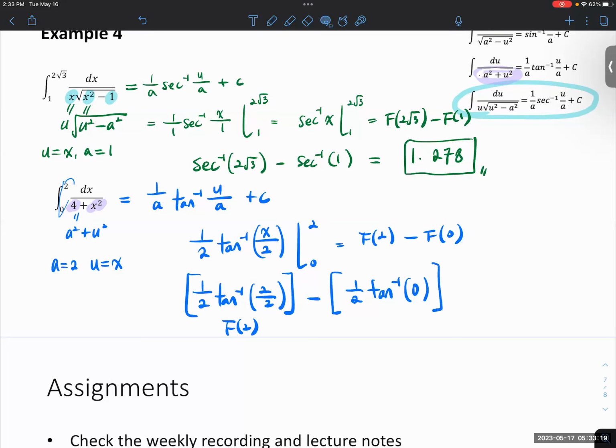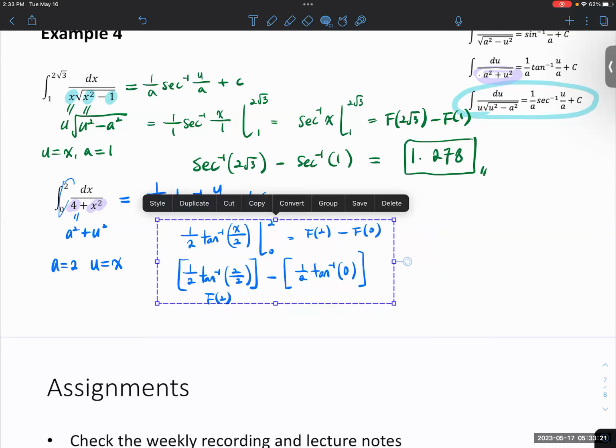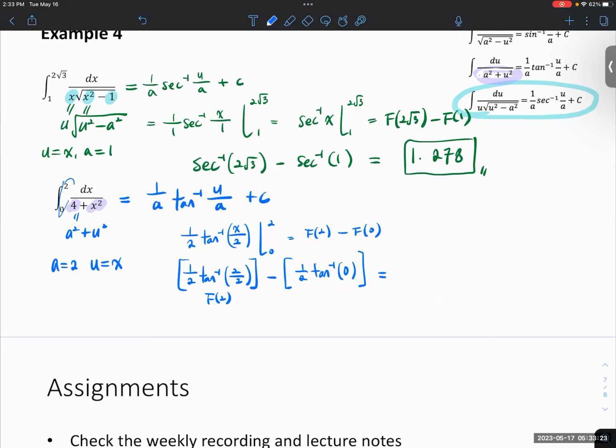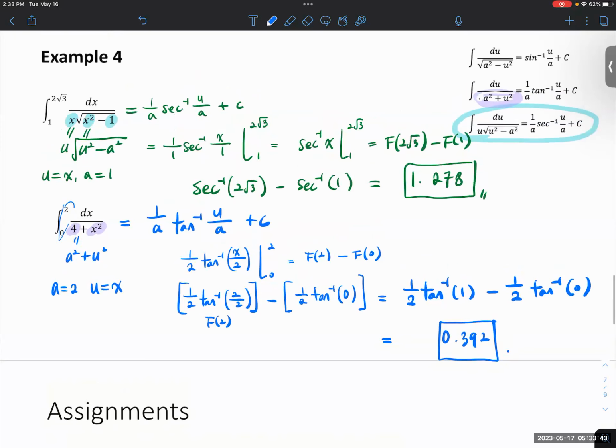So it means 1 over 2 tangent inverse 1 minus 1 over 2 tangent inverse 0. Again, go back to decimal, enter those expressions. You should get 0.392. So that's the outcome.